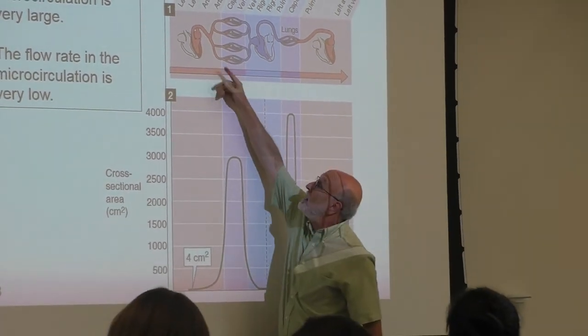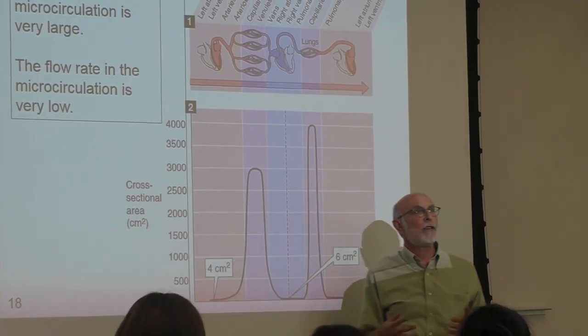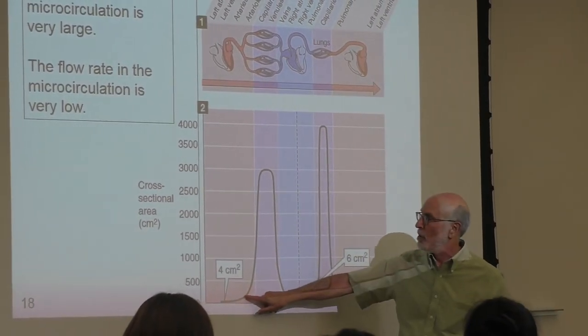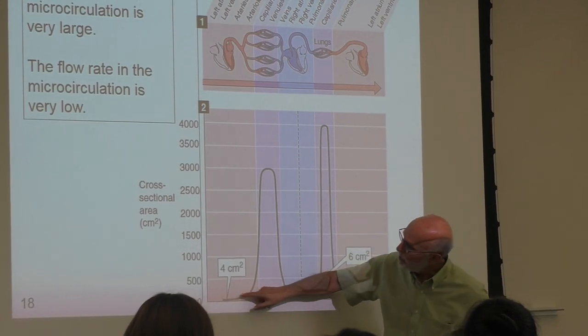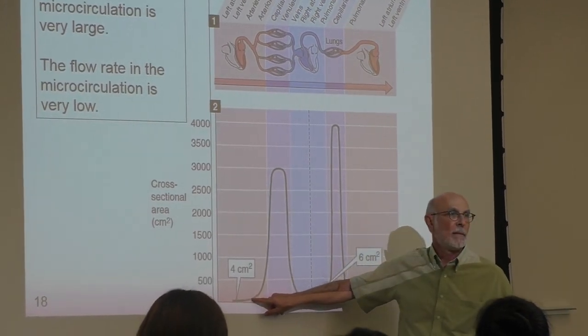When it divides, the total area of all of the major vessels that it is attached to is slightly more than 4 square centimeters. Okay, so maybe it's 20 or something.